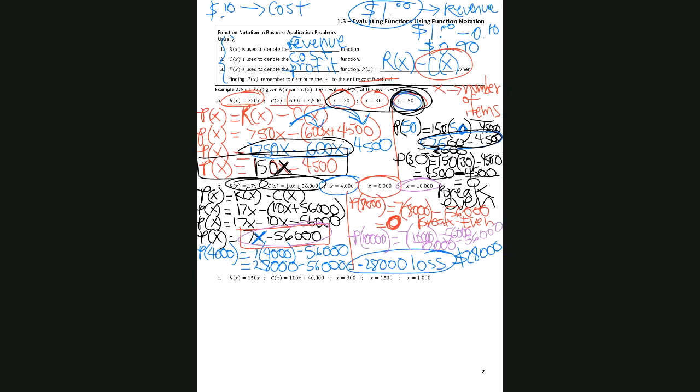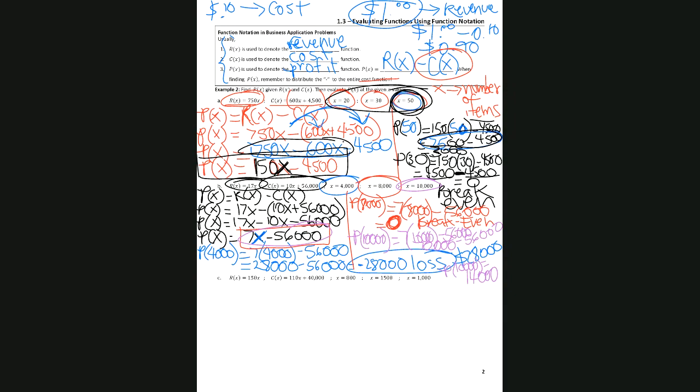And so the profit for 10,000 items will be equal to 14,000, just like that. Okay, and that's it for problem B. So let's move on to problem C.